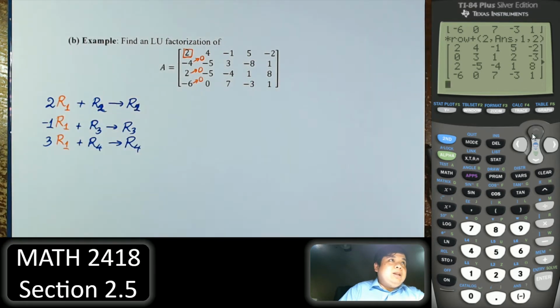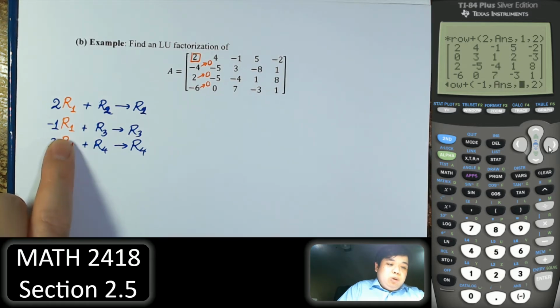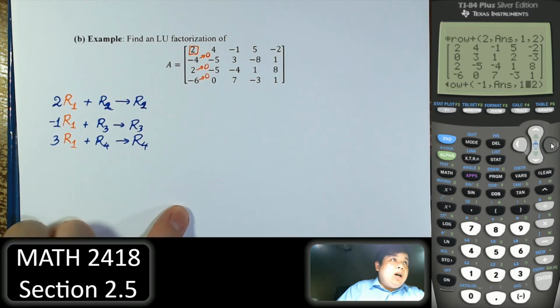Now keep doing this. Just copy and paste. Now we use multiply by negative 1. If we want to insert, hit second insert negative 1. Now have to delete the 2. Negative 1 using that matrix, multiply to row 1 and add and replace to row 3.